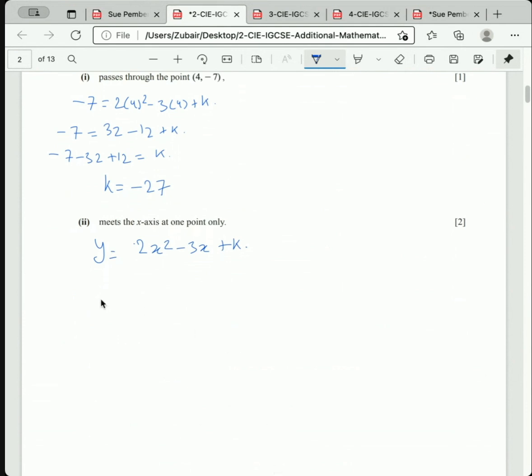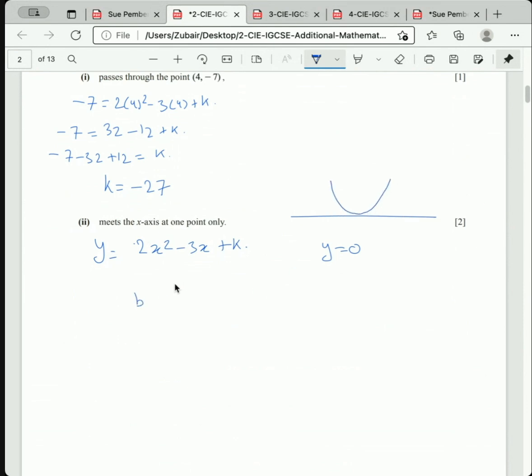One approach could be to do that and take the value of k equal to 0, add those values to bring it up to 0, and the other could be making it a tangent. If the graph intersects y equal to 0, it meets the x-axis at one point, like this would be the case.